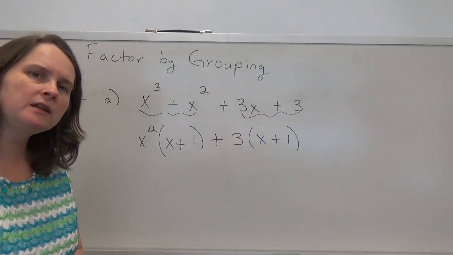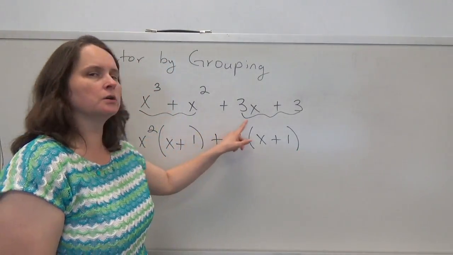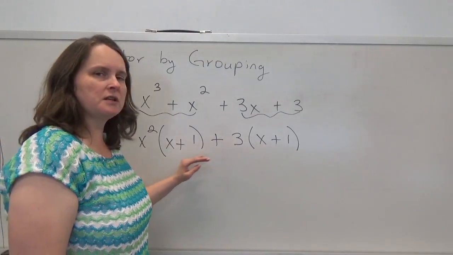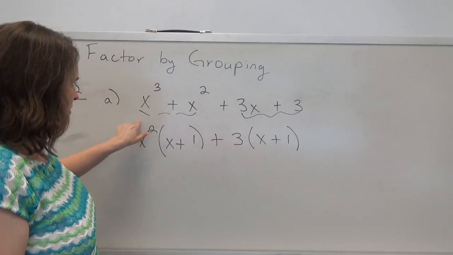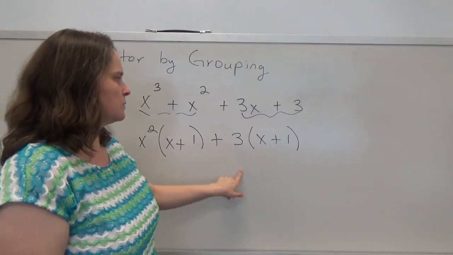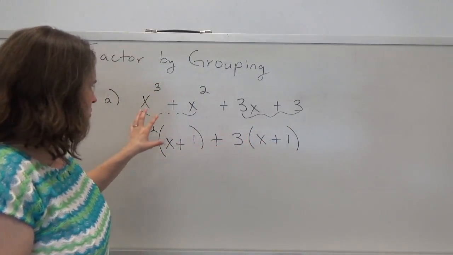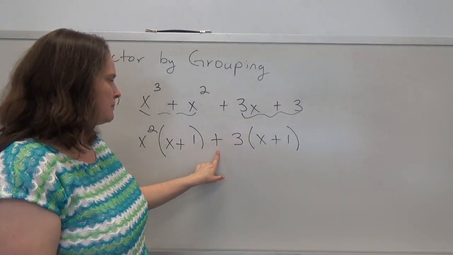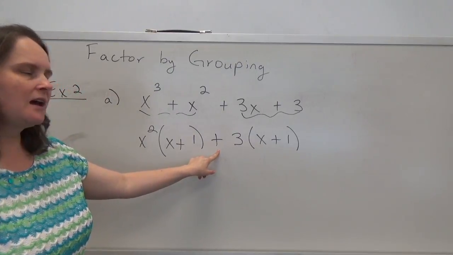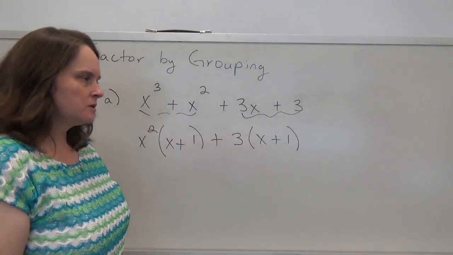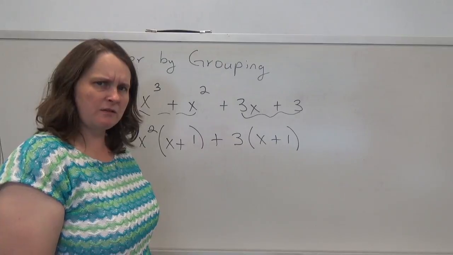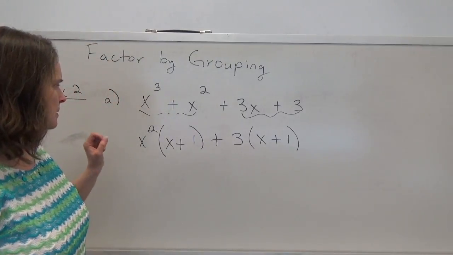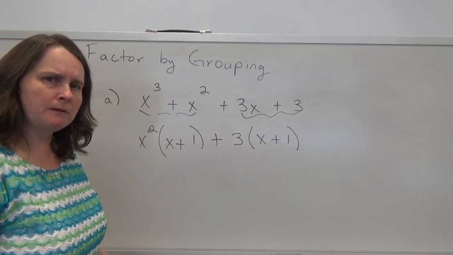So we're kind of halfway there at this point. We started out with 4 terms, and because this is partially factored, we can think of this as one big term, and this is one big term. Looking at these 2 big pieces that are separated by plus, do they have a common factor? Sometimes it's not so obvious to see at first glance, but remember, factors are things that are being multiplied together.